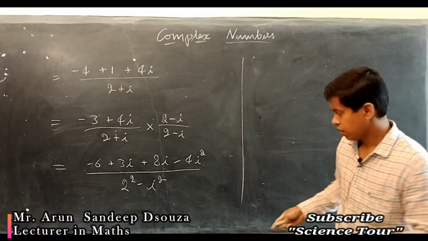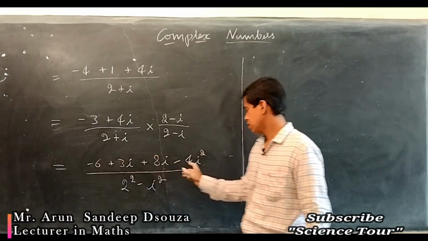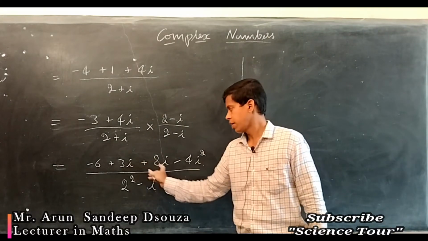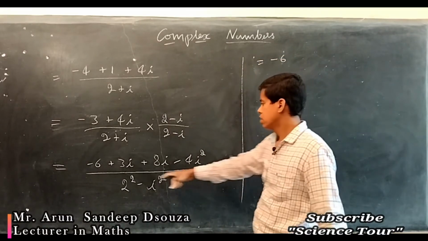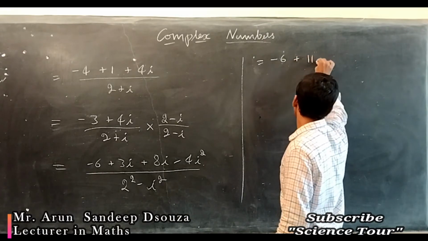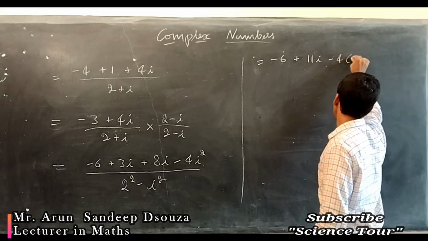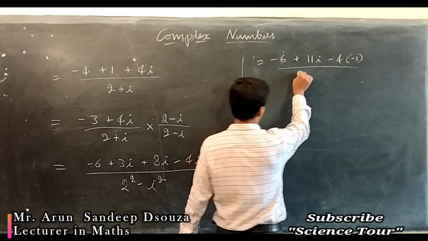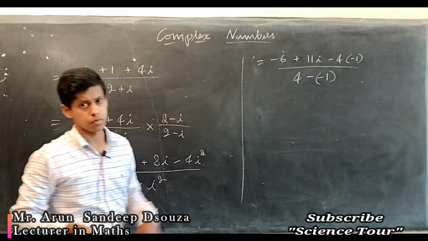Well, continuing like this, minus 6, and this i square is minus 1, and these can be added. So minus 6, 3i plus 8i is 11i, minus 4 and minus 1, divided by 2 square is 4 minus i square, and i square is minus 1.